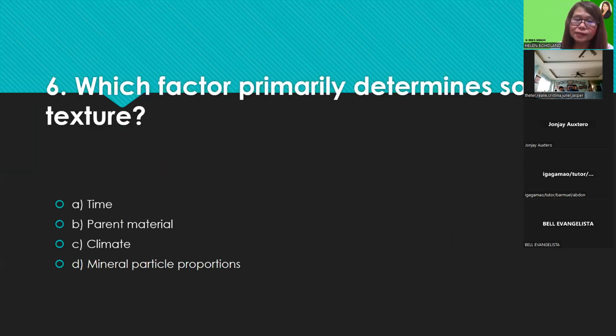Okay, next. Which factor primarily determines soil texture? Is it A, time, B, parent material, C, climate, D, mineral particle proportions? Okay, you can start typing now.